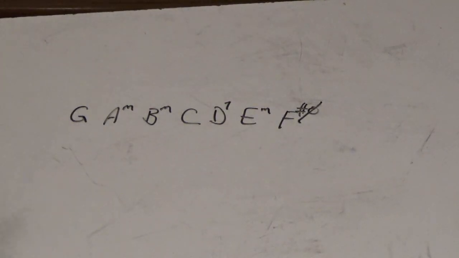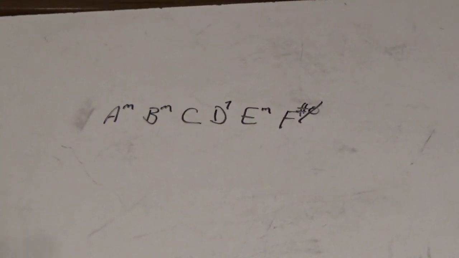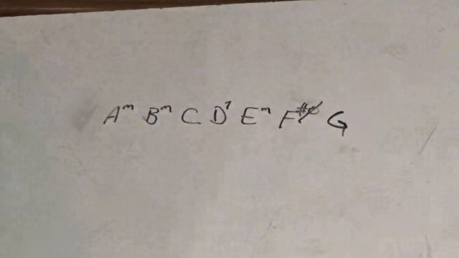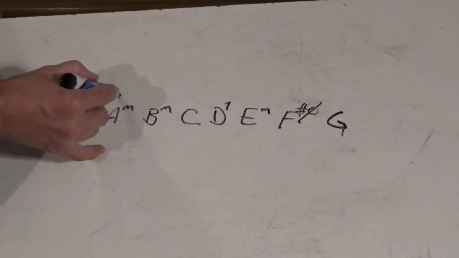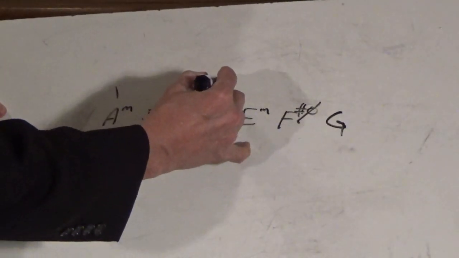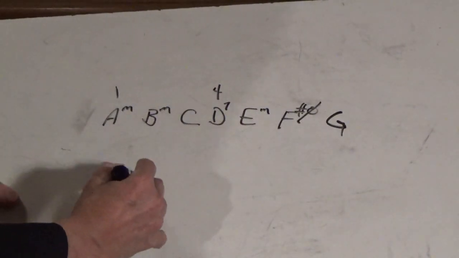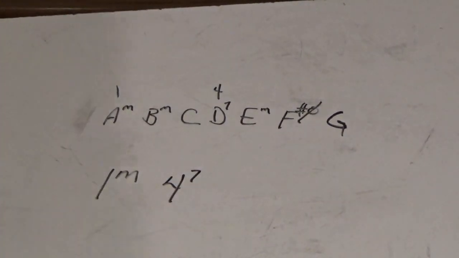So when I'm talking about the Dorian mode, essentially what I'm doing is removing that G and putting it down there, so that this chord, A minor, becomes 1, and the D7 becomes 4. So now I have a chord progression that is 1 minor and 4 dominant.